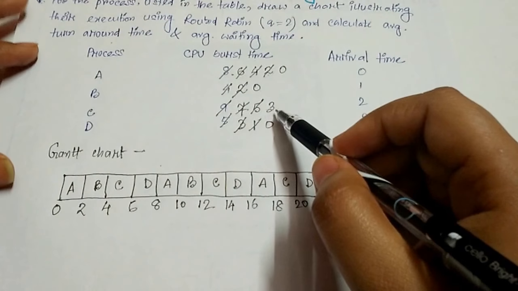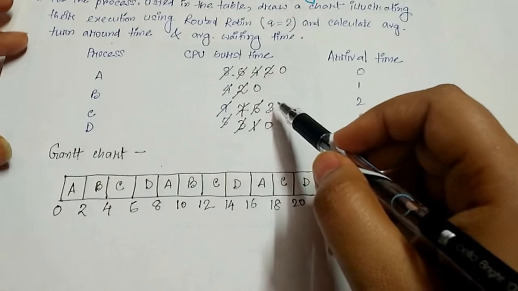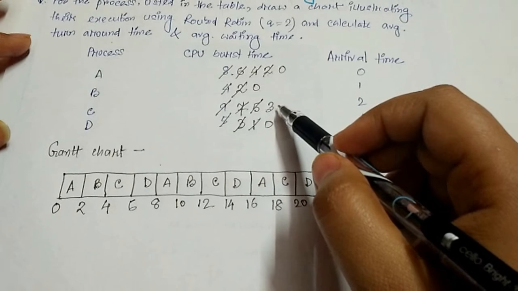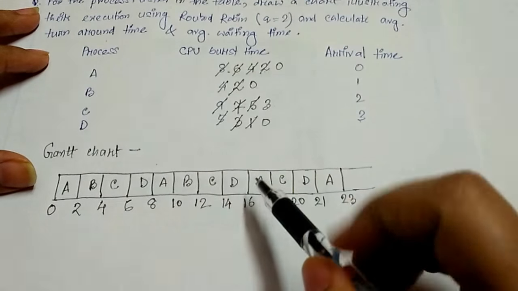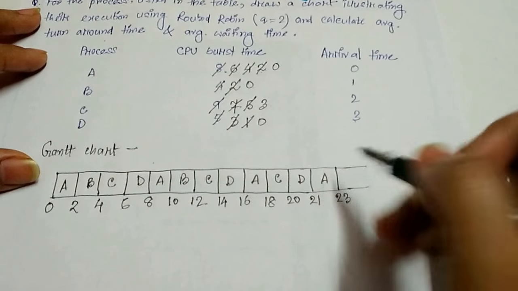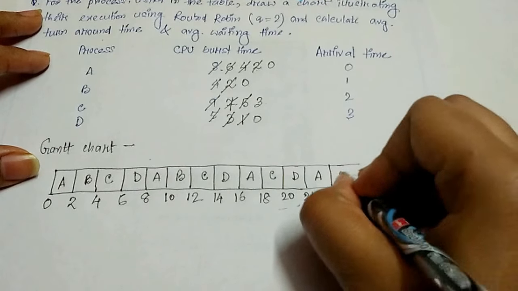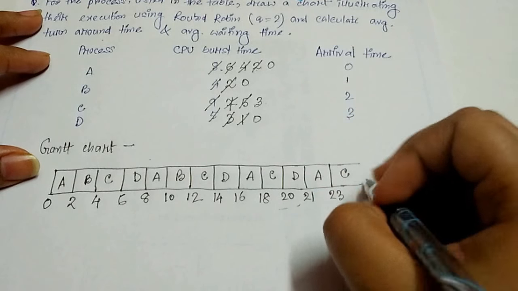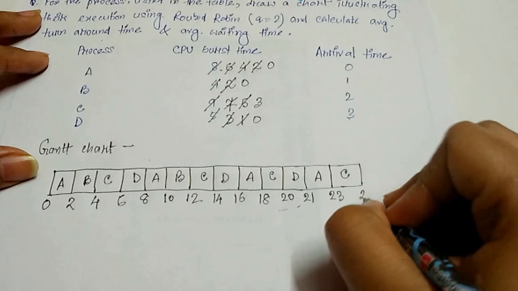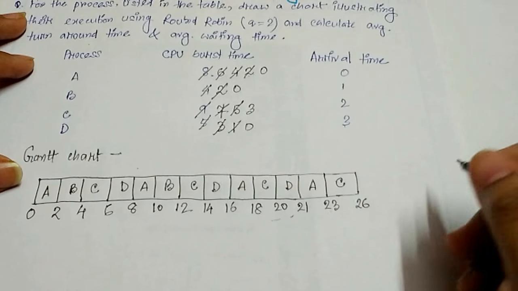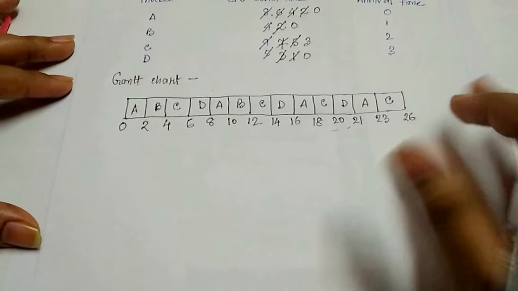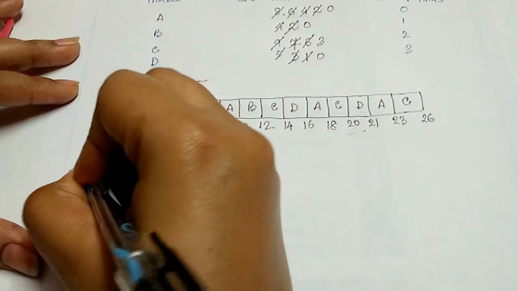So now we can give the whole 3, because no other process is left with any CPU burst time. So the whole 3 we can add. C, that is 23 plus 3, that is 26.